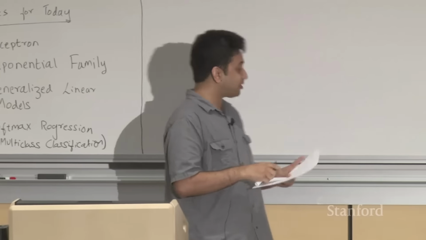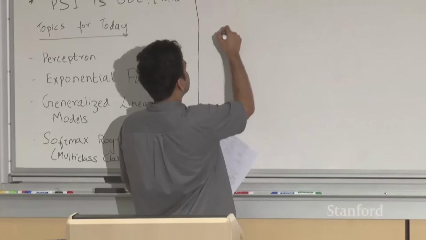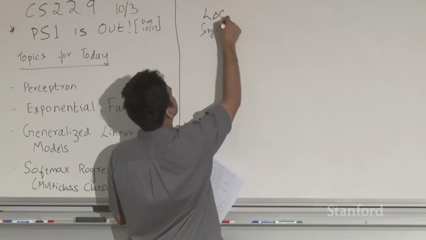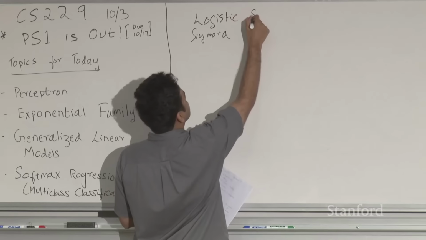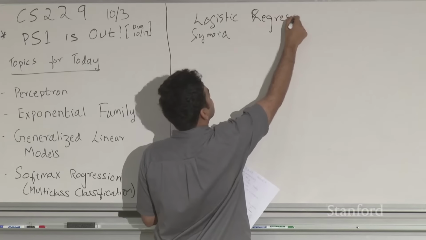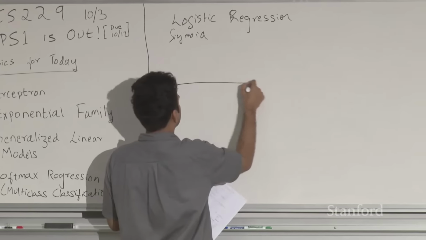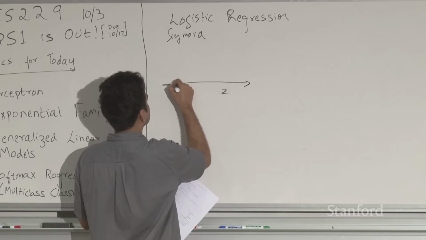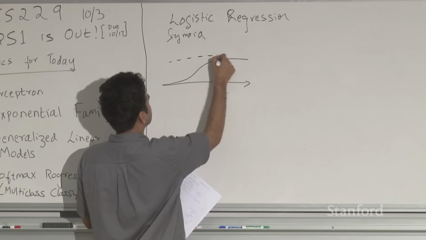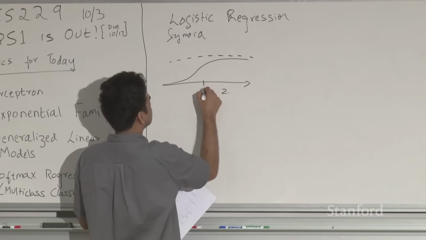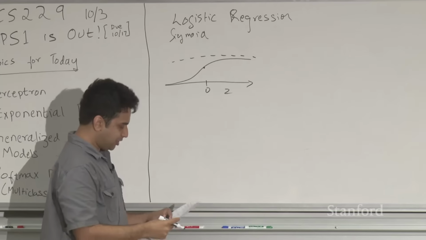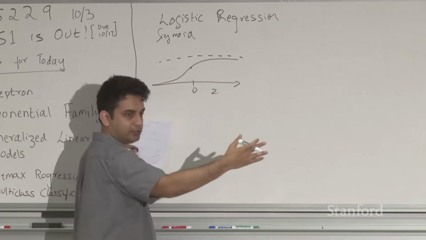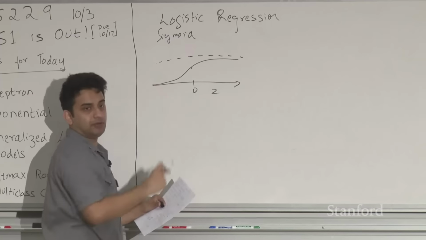So logistic regression. We saw logistic regression uses the sigmoid function, which essentially squeezes the entire real line from minus infinity to infinity between 0 and 1.